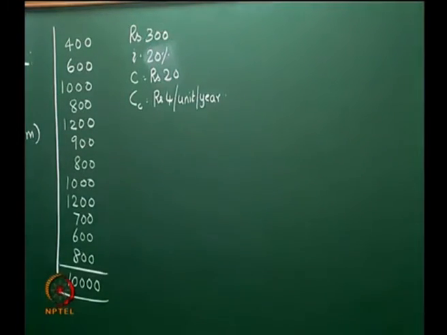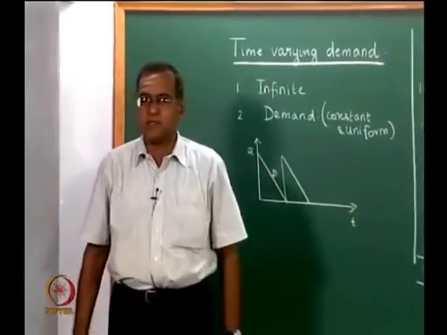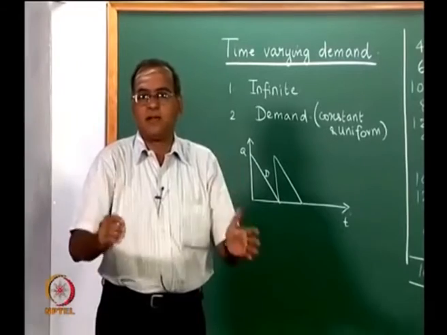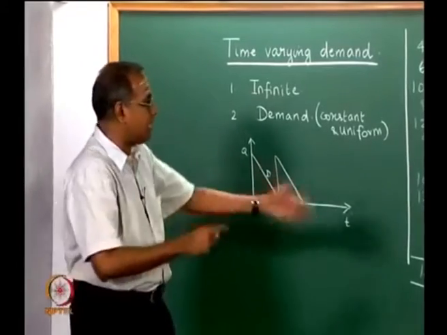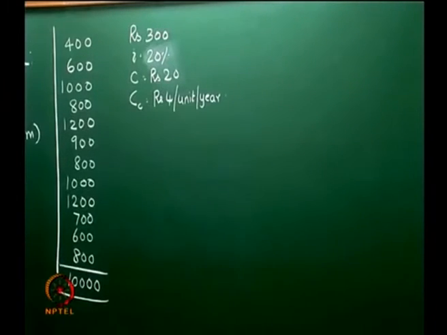The other difference is that we are considering 12 months or 12 periods. Each period is a month and our planning stops at the end of the 12th month. So we are not looking at the 13th month demand in this illustration.